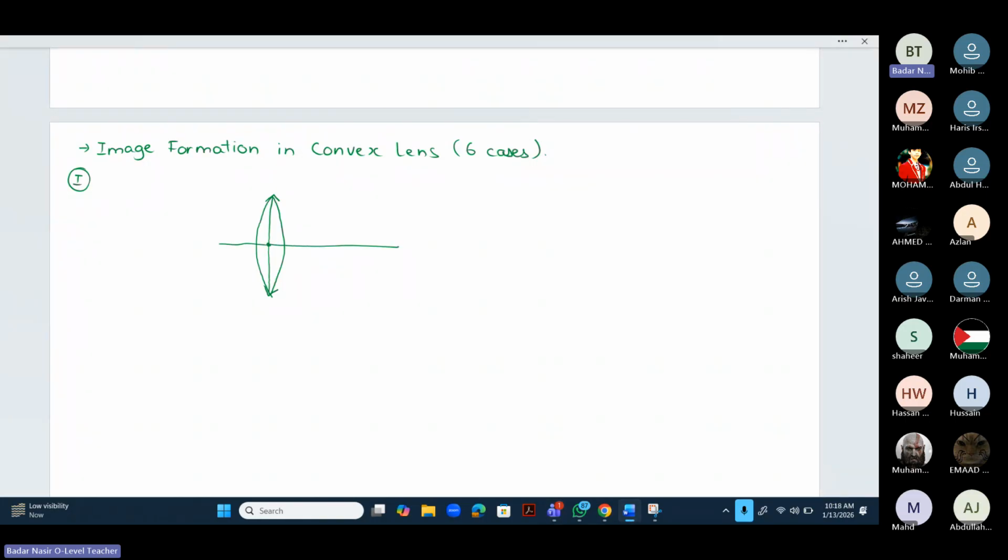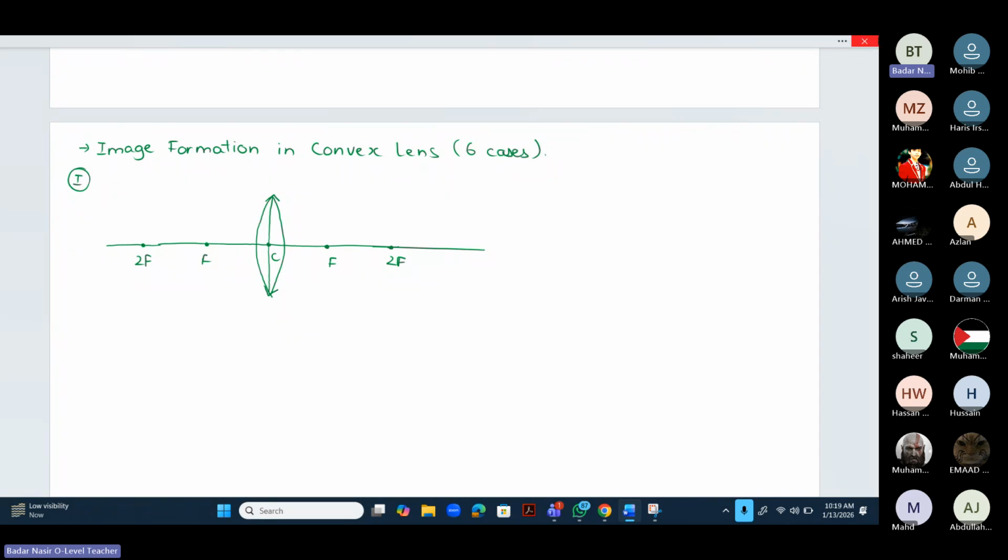This is your principal axis. Mark the focal points. The focal points will be equidistant on both sides. So let me mark the points F and extend this a bit more. I am marking both F and 2F. This 2F will be here.